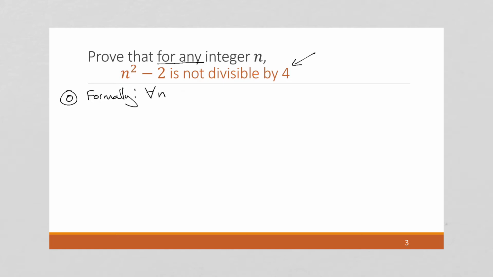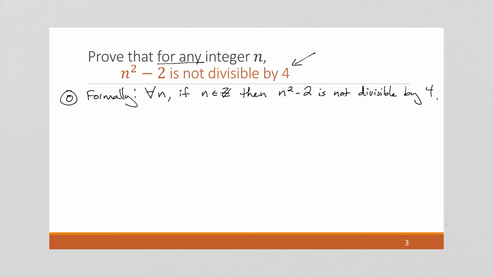which is instead of including that n is an integer in the domain, I'm just going to say for all n regardless of domain, if n is an integer, then n squared minus 2 is not divisible by 4.